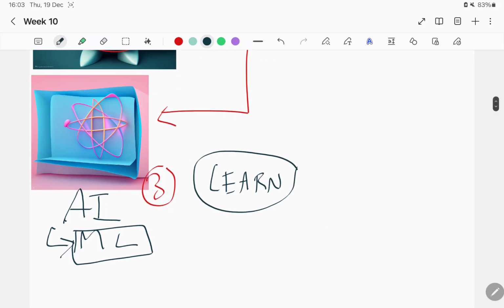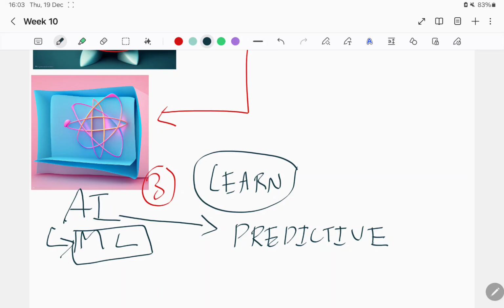Over here, the AI is predictive. This one will relate to our data analytics, which is the next chapter.